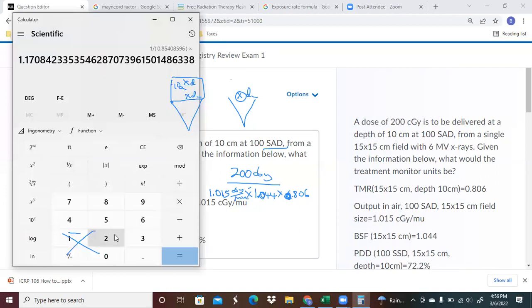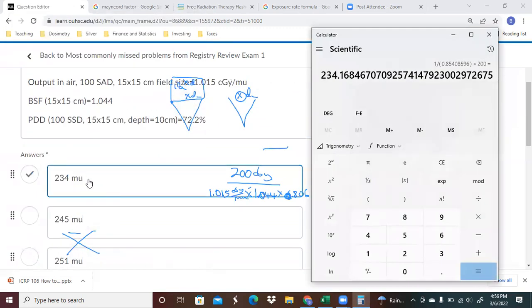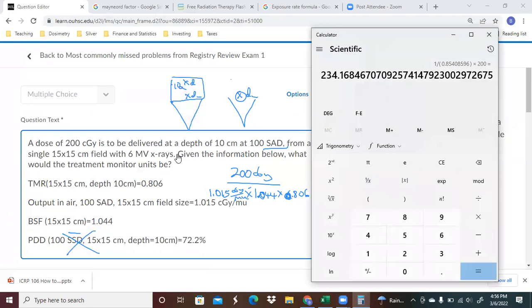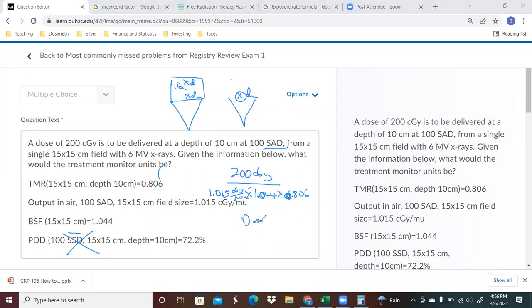Take the reciprocal of that, multiply it by 200, and we come up with 234, which is in fact exactly what we need. So again, in this particular case, the dose at whatever the depth is going to be equal to our calibration factor multiplied by the backscatter factor multiplied by the TMR.